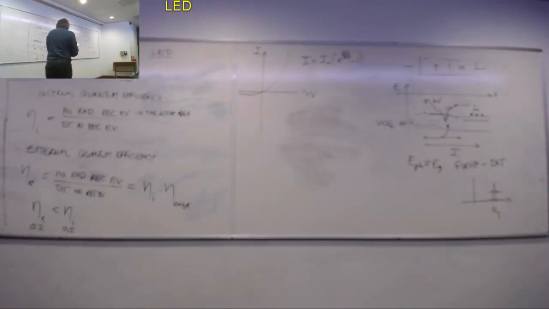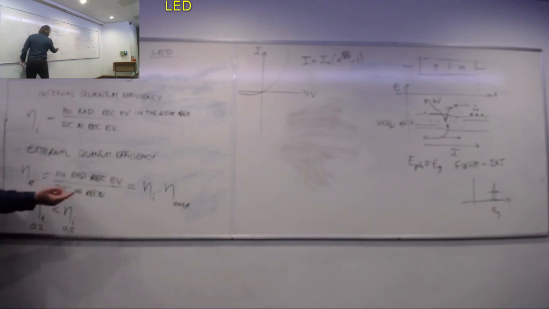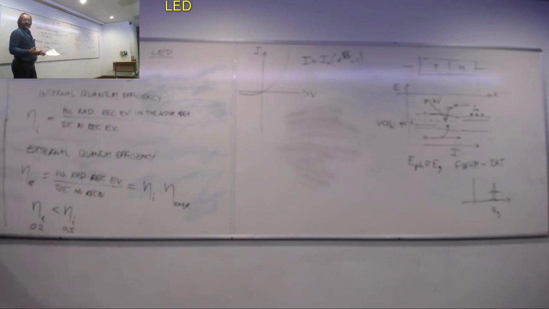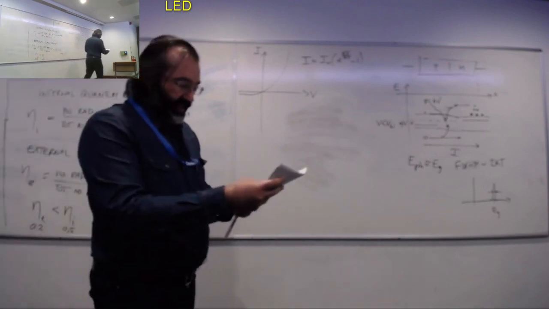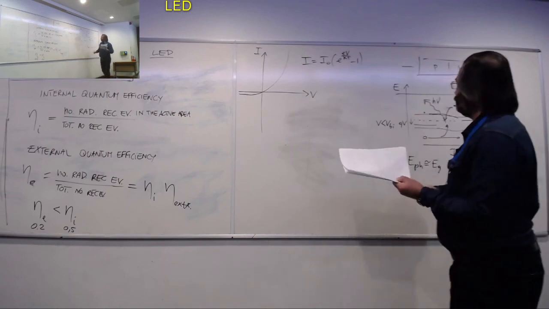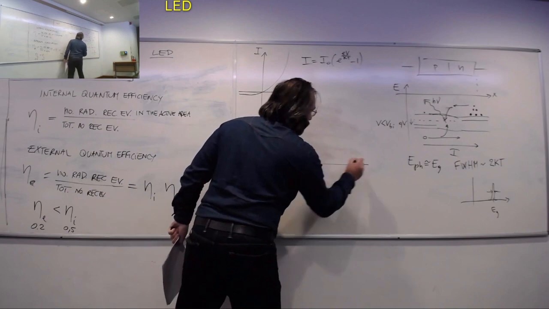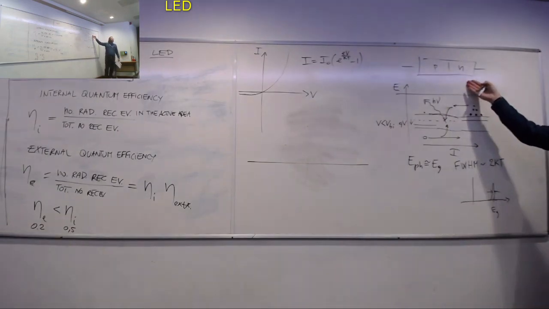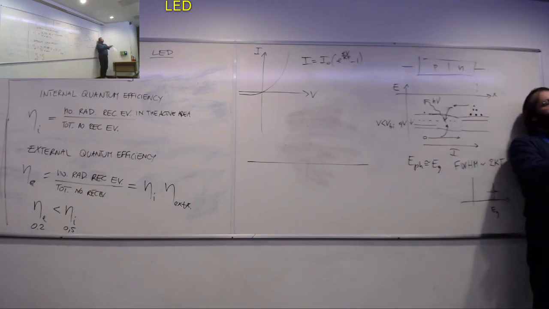A few more things to say. Yes, a lot of effort, as you understand, goes into making eta extraction as close to 1 as possible. And these efforts go in two directions. The first one is this. Up to now, we represent the pn junction in this way: two pieces of silicon, different, attached together.